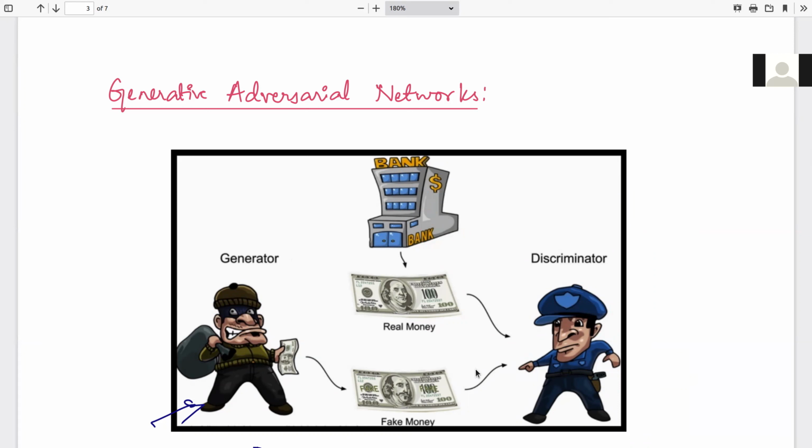So overall, we want the generator to generate the money which is very much similar to the real money, so that it is difficult for the discriminator here, the cop, to distinguish between the real and the fake money. At the same time, for the discriminator, the cop, we want it to be smart enough to distinguish between the real and fake money, irrespective of how good or how realistic is the fake money.